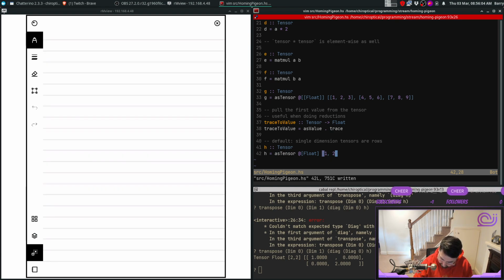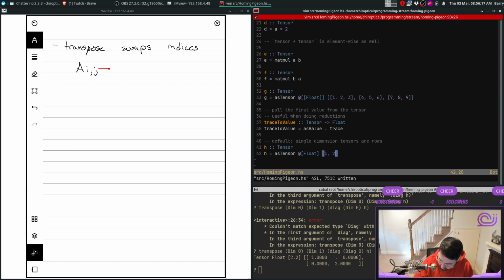A transpose basically swaps indices. So if we had A sub ij and wanted to take its matrix transpose, that would be A sub ji.